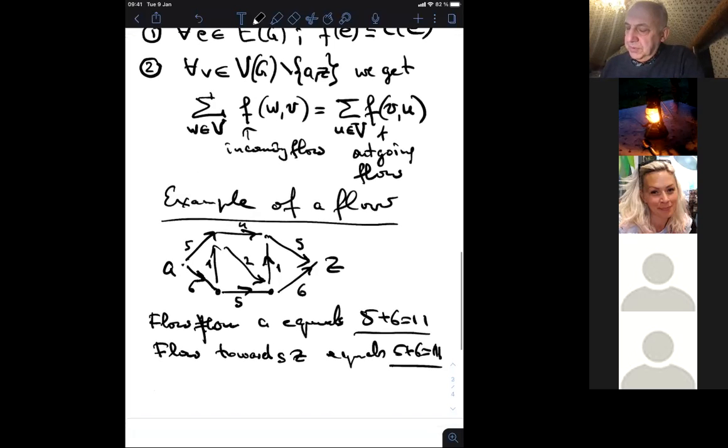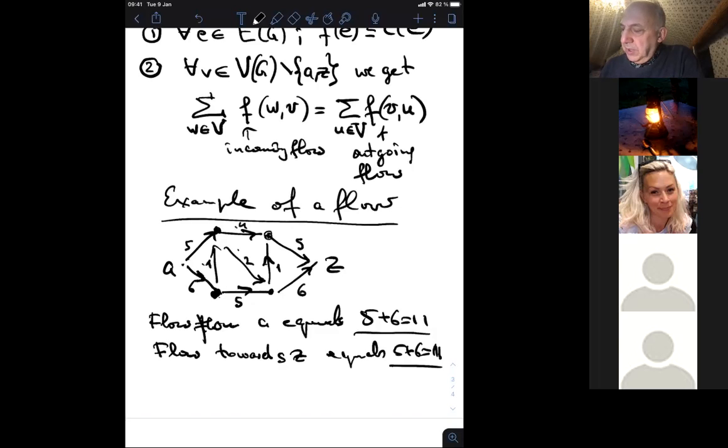flow should be 0. So for example, if we look at this vertex, we have 6 coming in and 5 plus 1 coming out. If we look at this one, 6 is coming in, 5 plus 1 is coming in, 4 plus 2 is coming out.